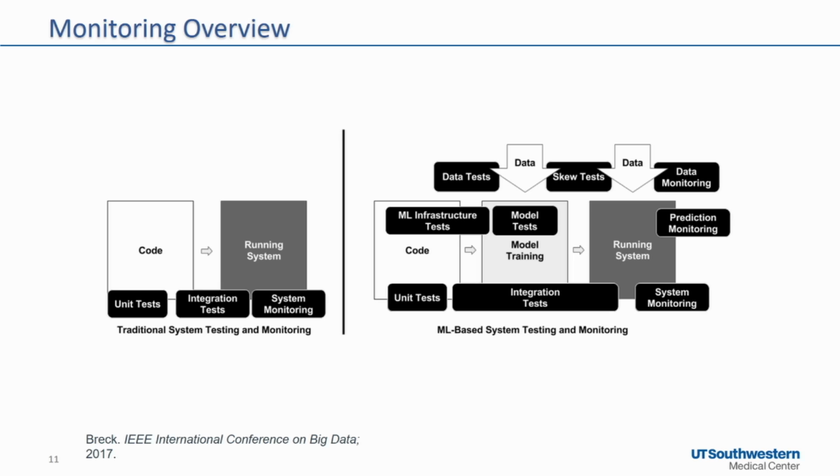Now, in all of these systems, this obviously still applies, but now you have a whole bunch of different tests on the data itself, and whether the data in the validation and testing environment actually matches the data in the serving or production environment. You have skew testing about whether the model still behaves once you go from a validation environment to using production data, for reasons that we'll outline.